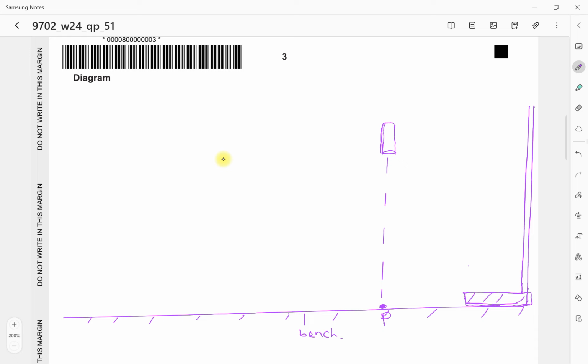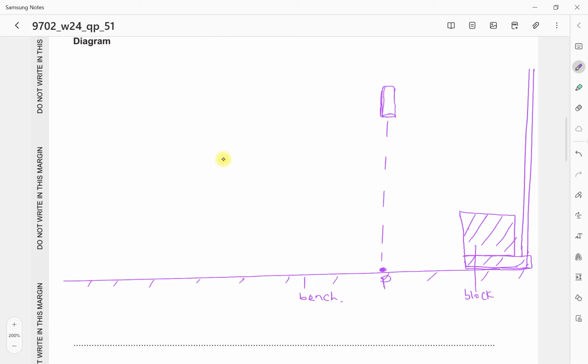I'm just going to put a block on this stand. So this is the block to stop the trolley.